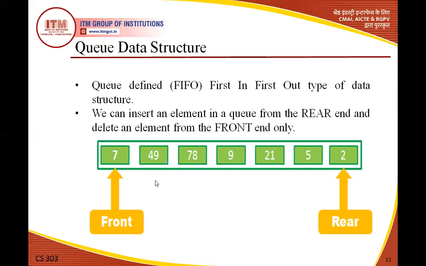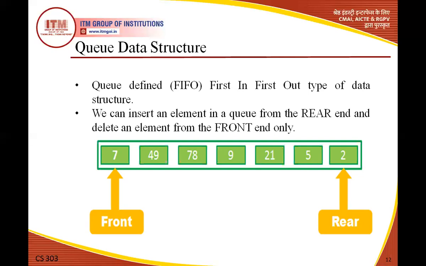We can insert an element in a queue from the rear and delete an element from the front end only. Whenever you insert an element, this is the rear end from where you can insert. The end from which we can delete an element is called the front end.